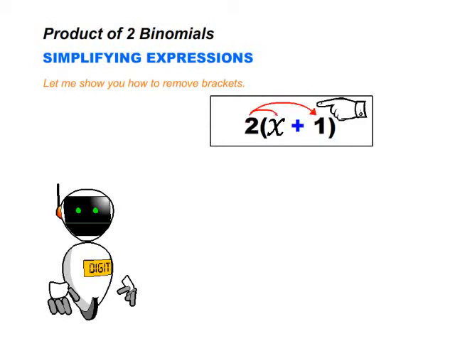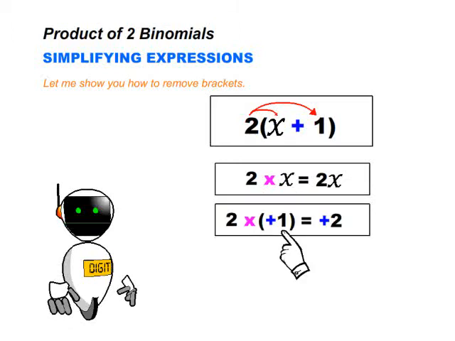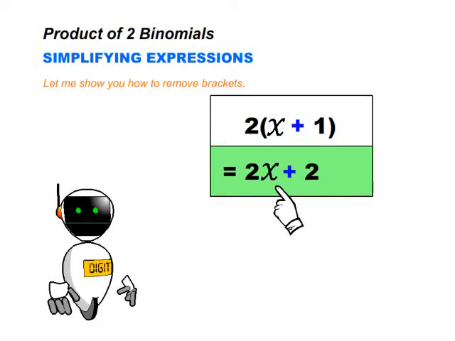Look at the arrows. Let us multiply. 2 multiplied by x is equal to 2x. 2 multiplied by positive 1 is equal to positive 2. So we can say 2 multiplied by (x plus 1) is equal to 2x plus 2.